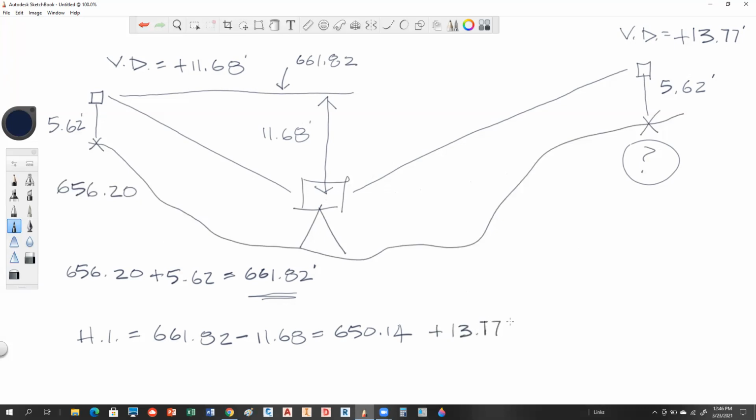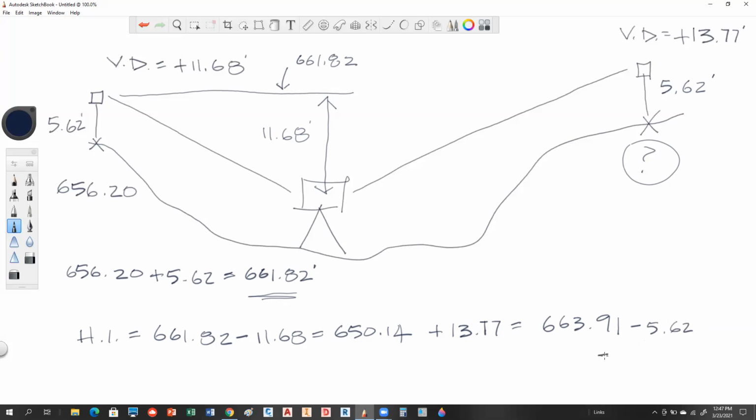So it's a foresight, so I'm actually using the number. I'm taking the 650.14 and adding to it the 13.77. So that gets me a height of the reflector of 663.91. And then I'm going to do what with that?